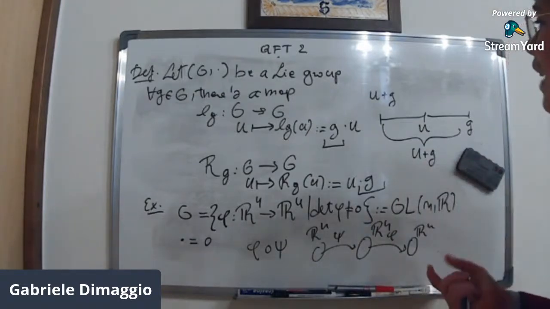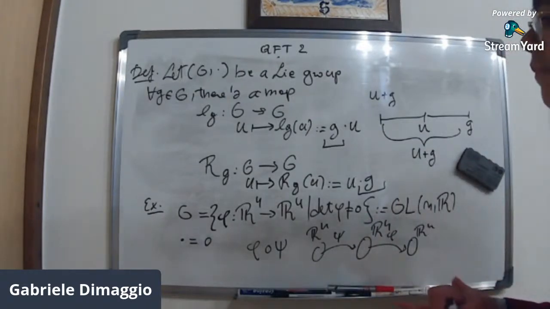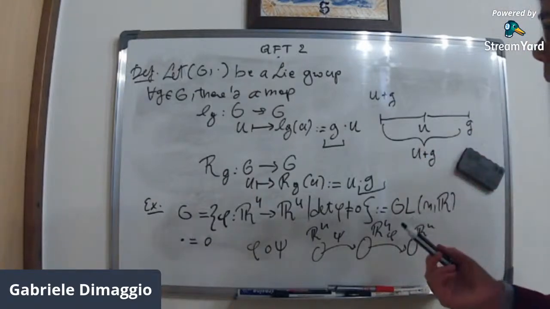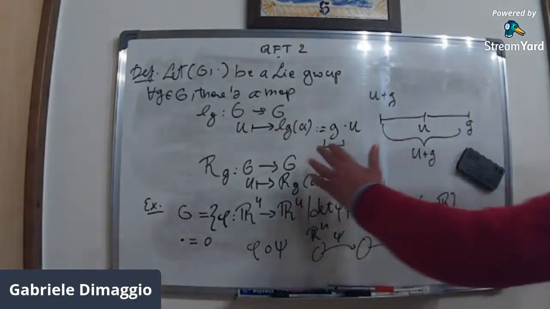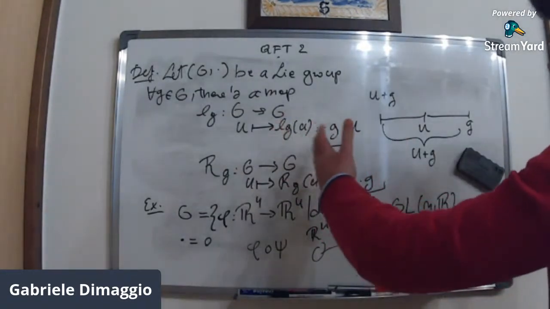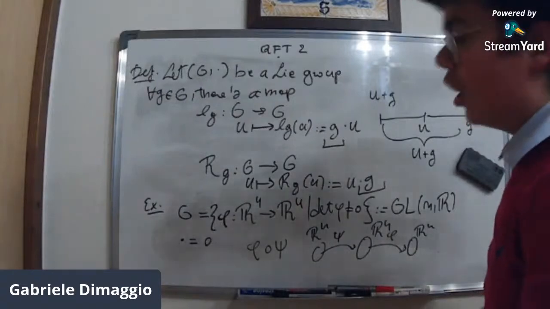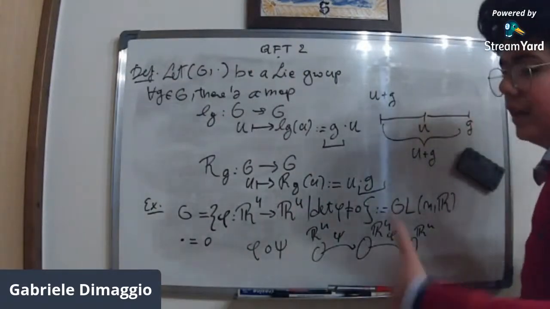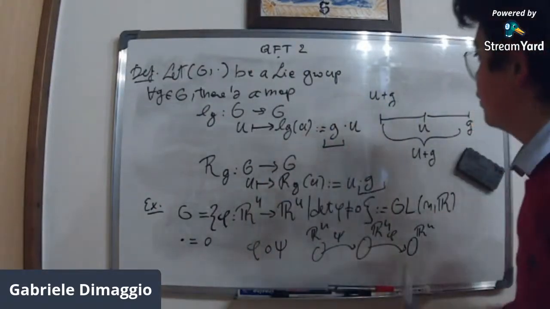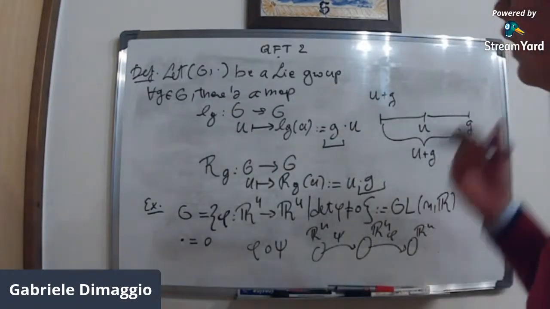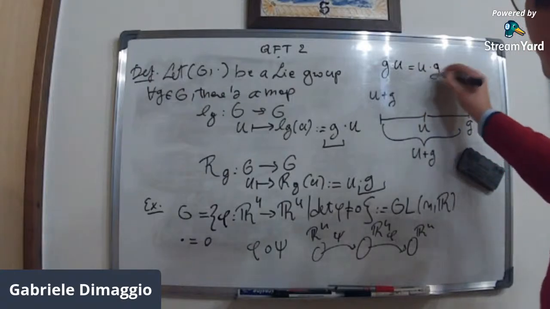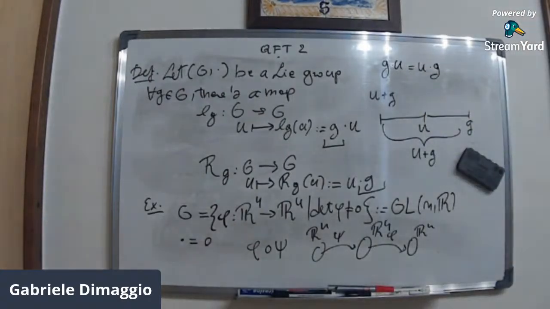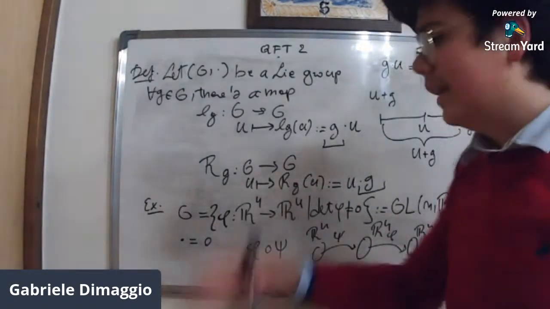In this case, it doesn't make any sense to talk about left translation or right translation, because for a commutative group, so for an abelian group, I have that G for U is equal to U for G. Okay, this is in an abelian group, not for every group, just in abelian groups.